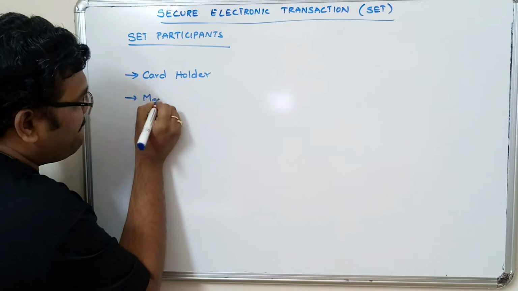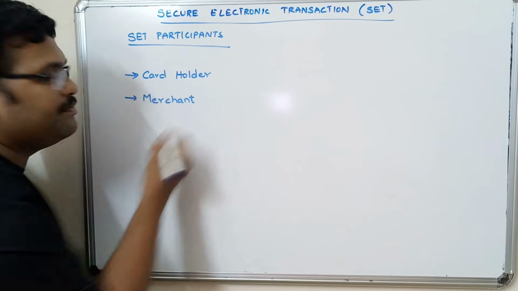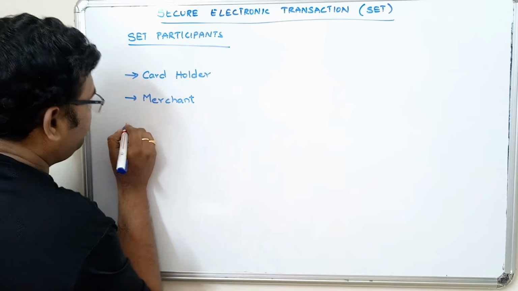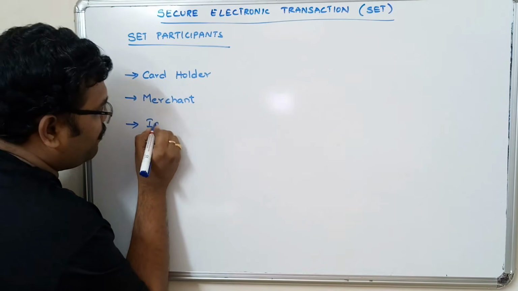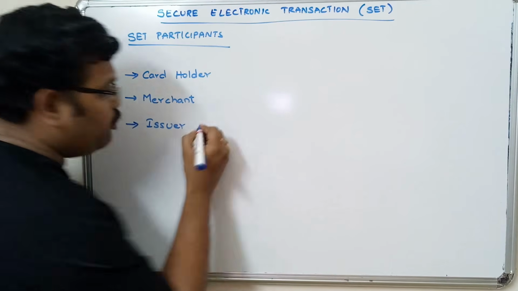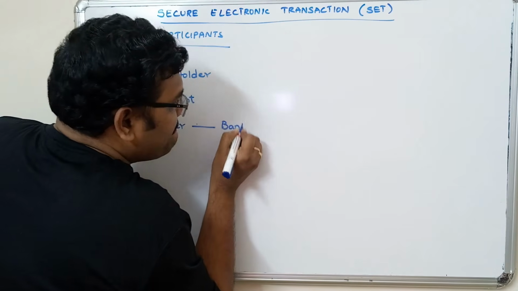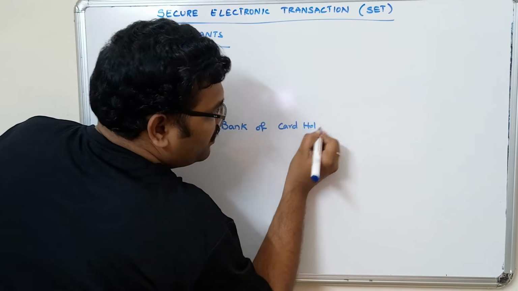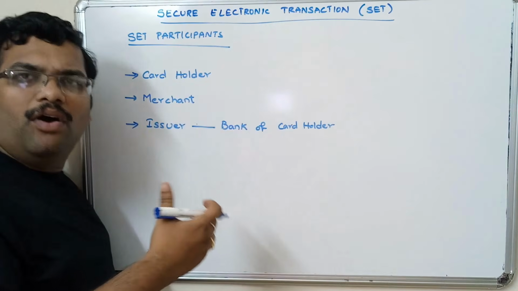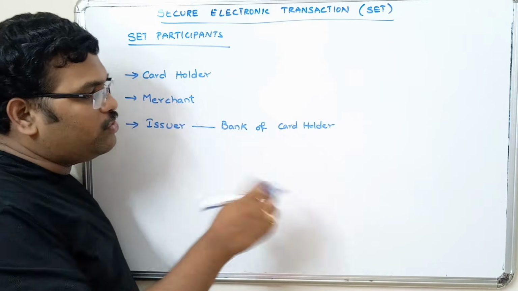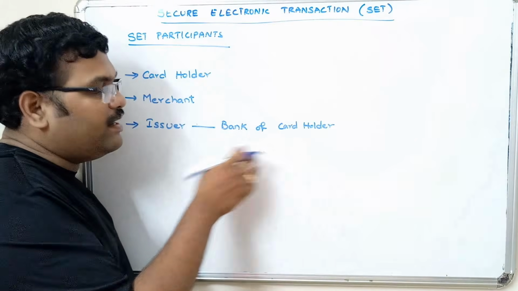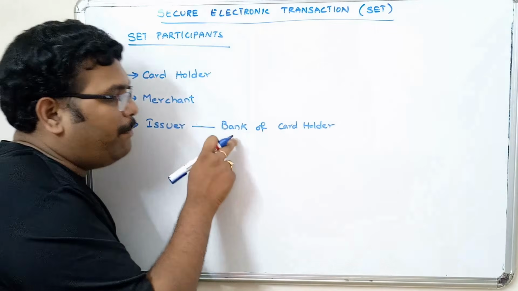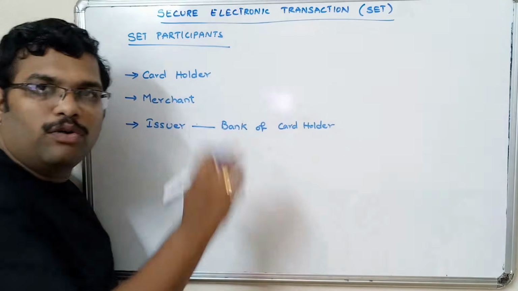Next, the merchant, the person who sells the product. Issuer is the bank of the card holder. For example, if the payment is using a credit card, the bank which gives the credit card to the card holder is the issuer. Issuer means the bank which issues the credit card to the card holder.